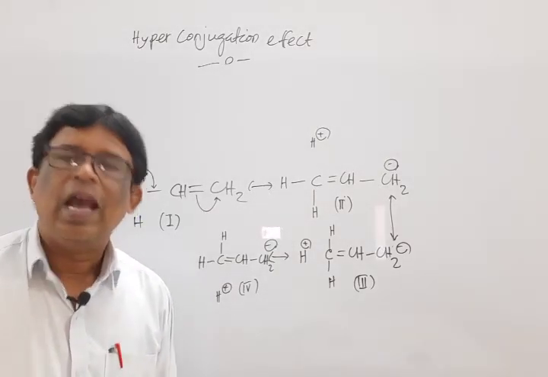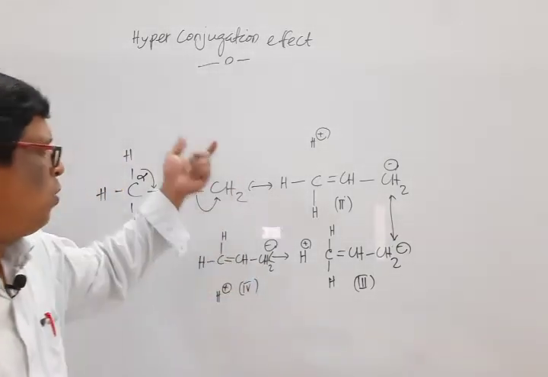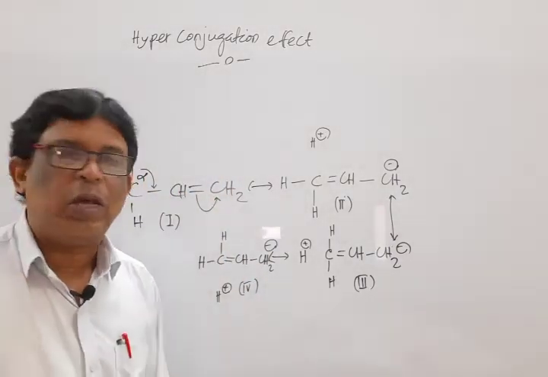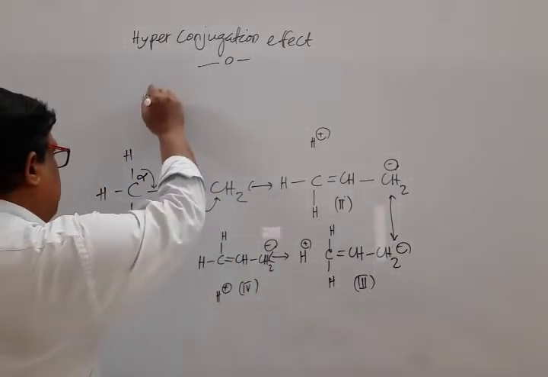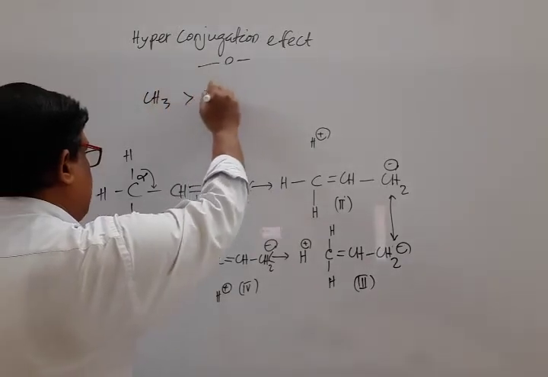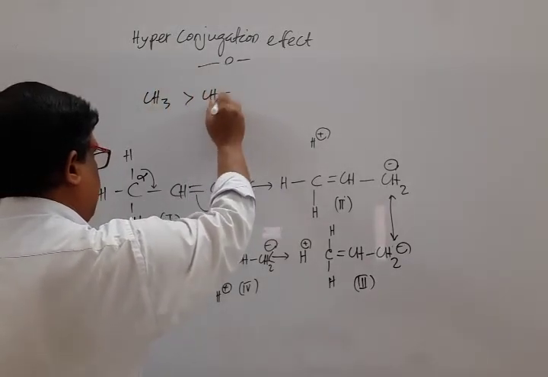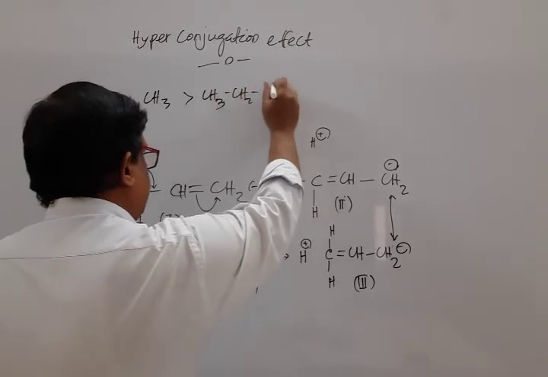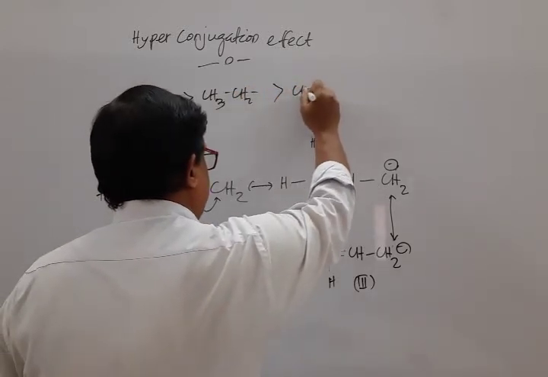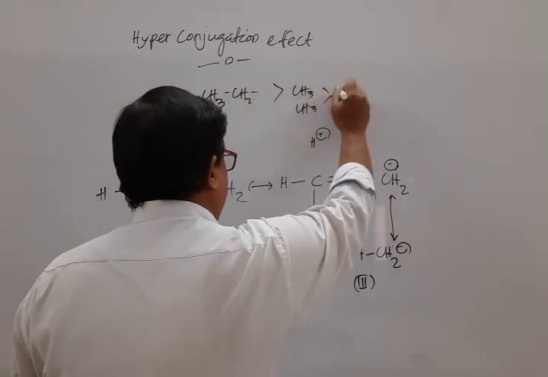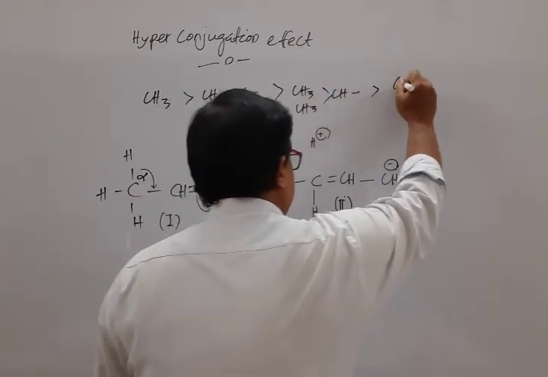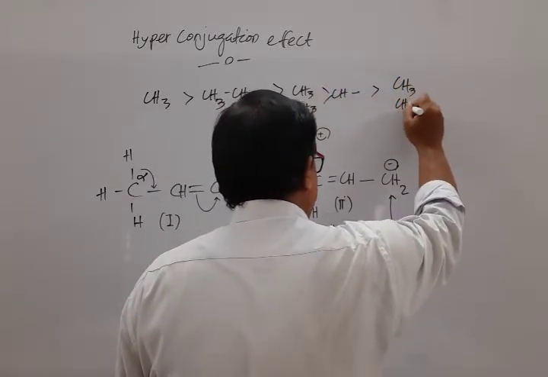And we also know that the number of alpha hydrogen atoms gradually decreases from methyl, then ethyl, then isopropyl, then tert-butyl.